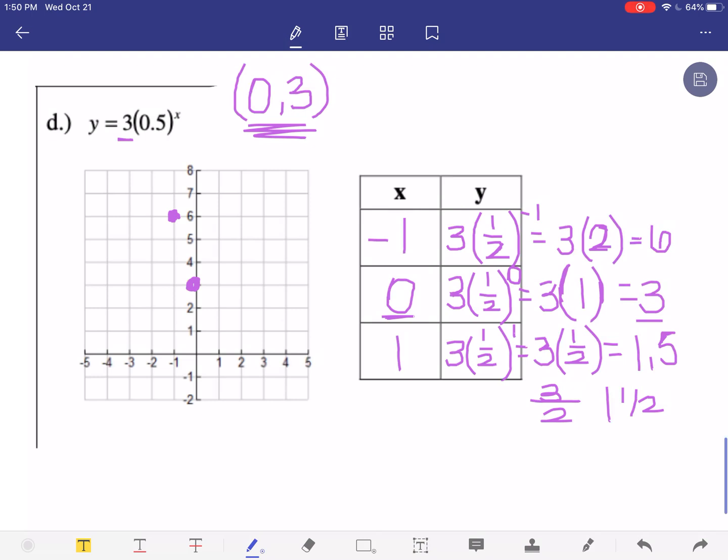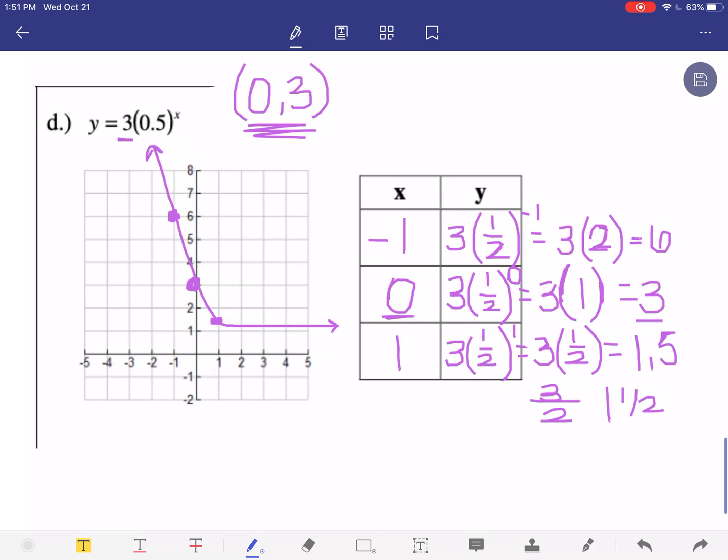So 1 and 1.5 is halfway between 1 and 2. Okay, there we go. And we'll connect this line down. Alrighty, and there we go. That's going to be what that line looks like.